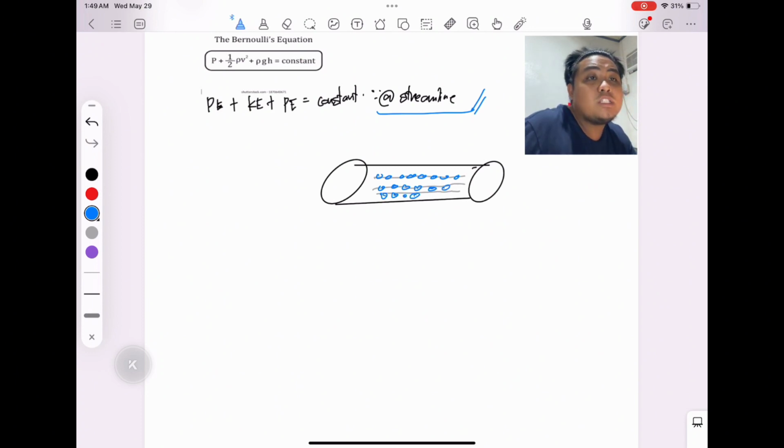So the streamline is a path followed by the fluid particles under steady flow conditions. Siya yung pinakadaan ng fluid particles.